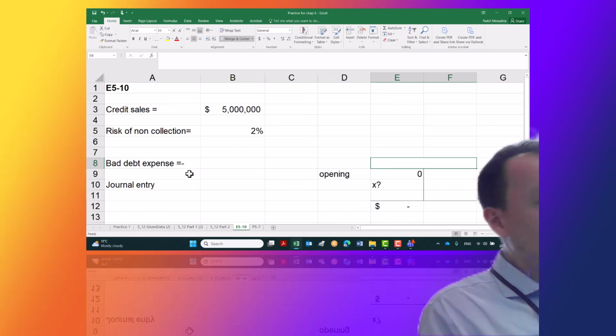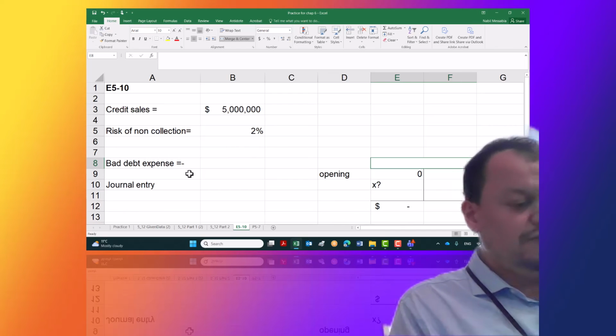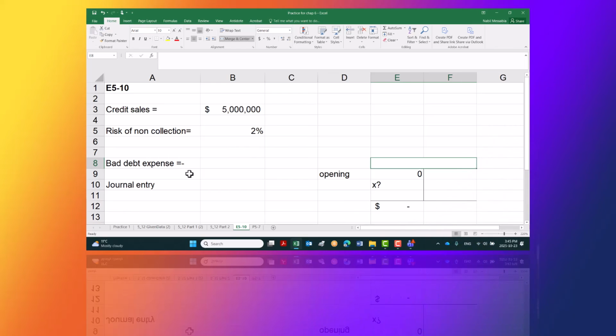It is on page 285. Recording bad debt expense and write-off using the percentage of credit sales.